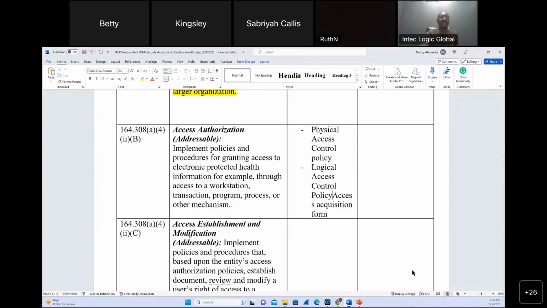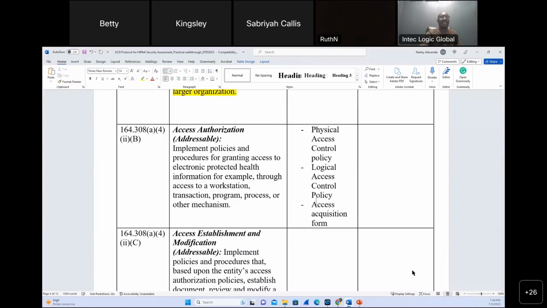These are some of the documents that you can request or they can provide for you to review. And when you get these documents, what do you want to see here? I kind of said it, so if somebody can repeat it for us, that would be great.